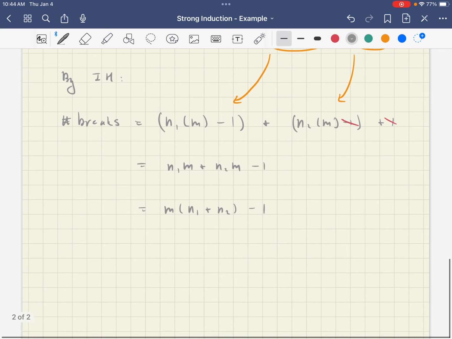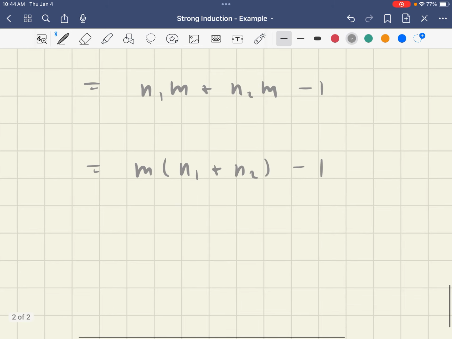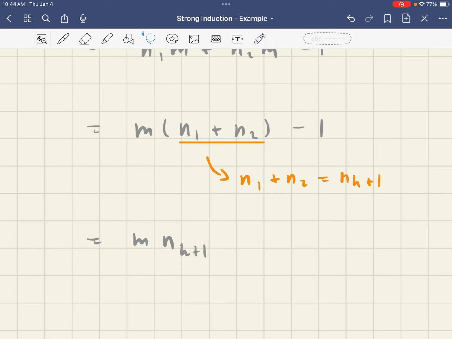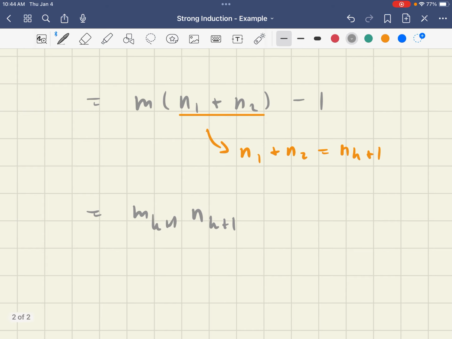Wow, now this is pretty awesome, because what do we have here? Well, earlier we said that n1 plus n2 equals nk plus 1. So that tells us that m times nk plus 1, and remember, I kind of just dropped the k plus 1 without even telling you, but we're assuming that this is mk plus 1 as well, times nk plus 1 minus 1 equals what?